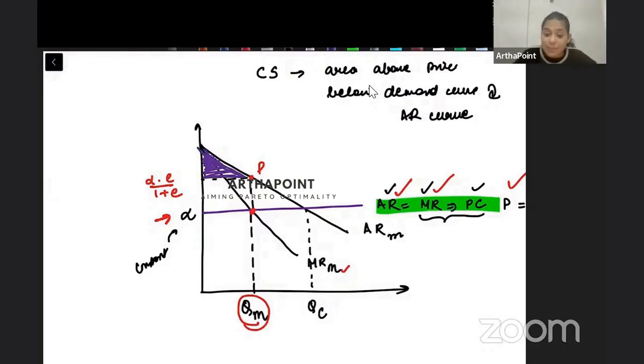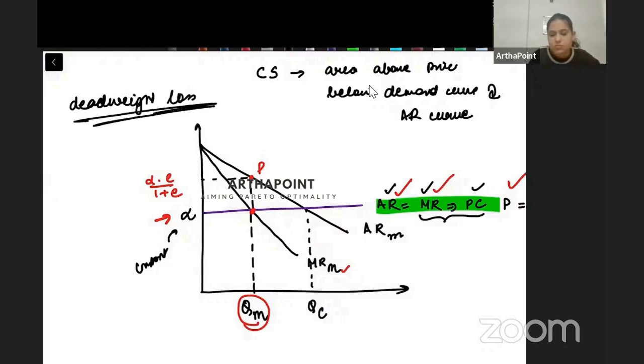For a perfectly competitive firm, its price was this, so his consumer surplus is this. This is his entire consumer surplus. Sometimes in exams, though it did not come in this question, if they would have asked you to calculate deadweight loss, then it would have been this area. The smaller triangle, this area. This is my deadweight loss.